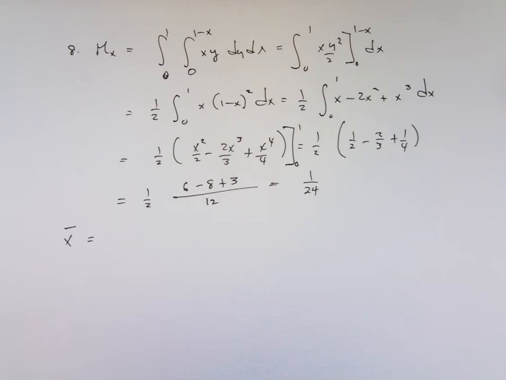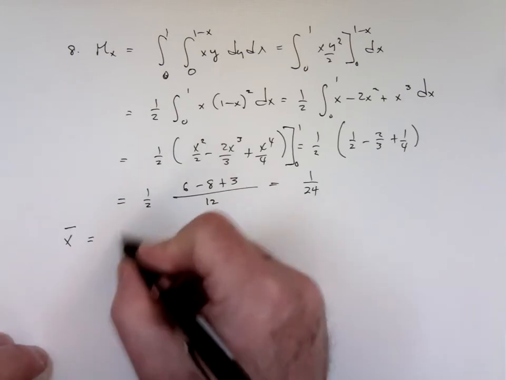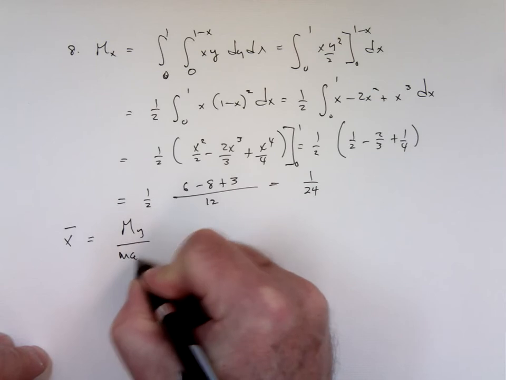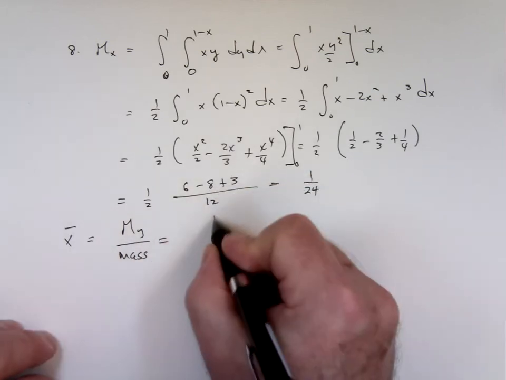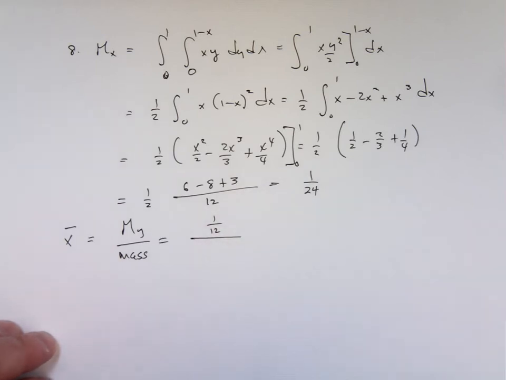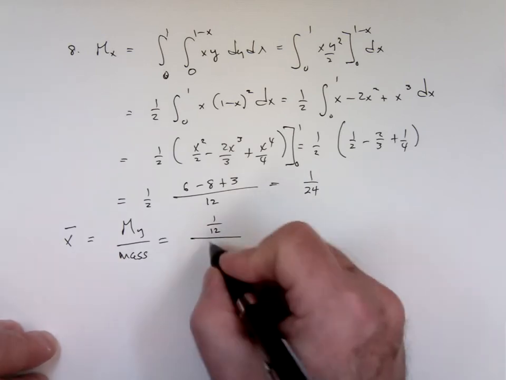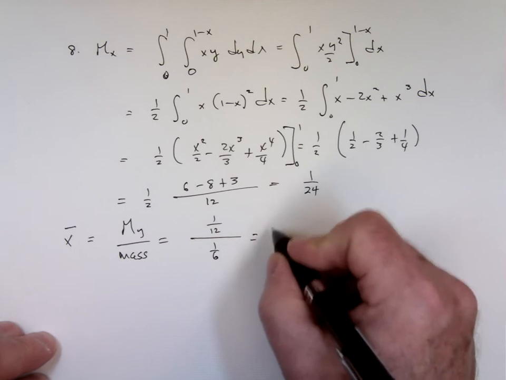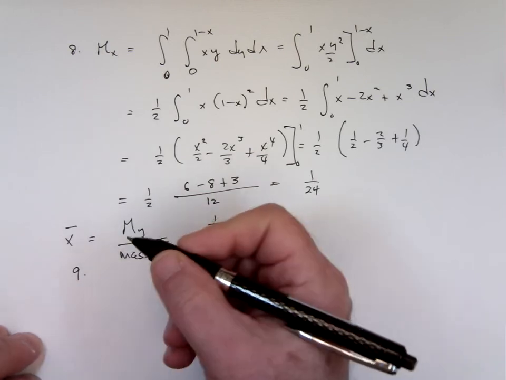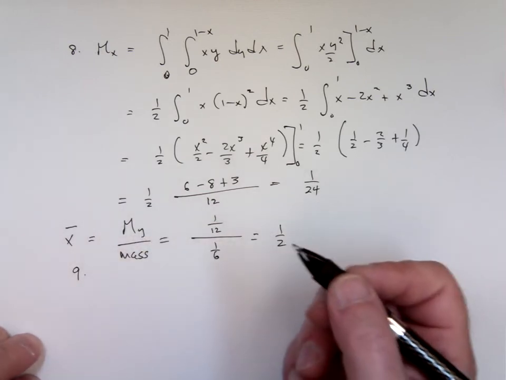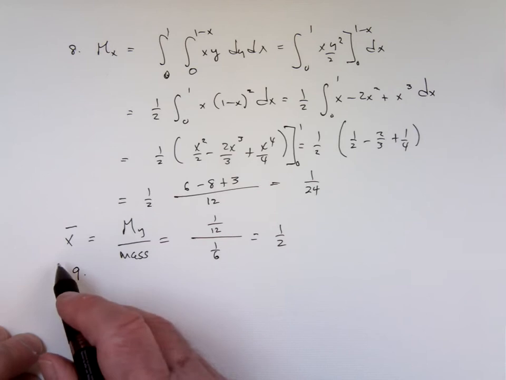Okay. Nice. X bar is the moment from the y-axis over the mass. Moment from the y-axis we said was 1/12. The mass we said was 1/6. That's 6/12, 1/2. X bar is 1/2. Number 9 is X bar, so that was X bar.